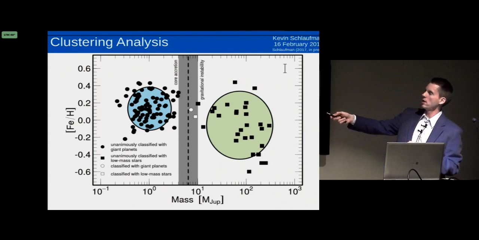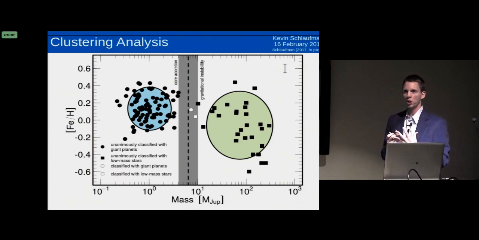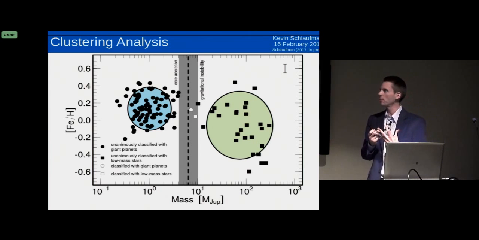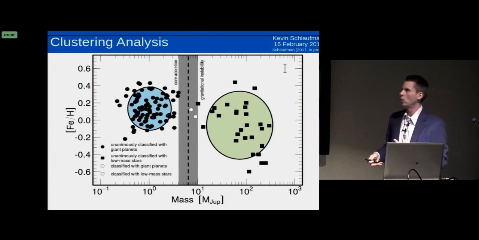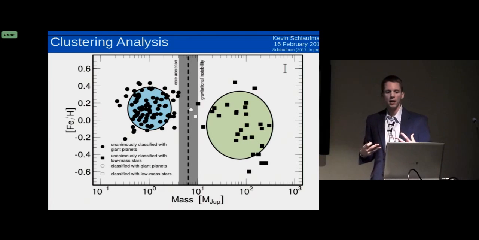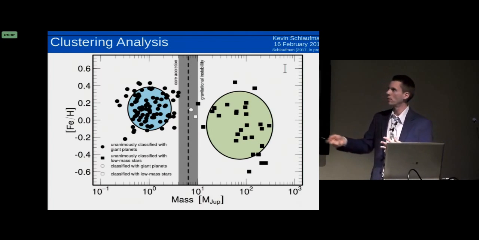For all three classification algorithms, everything on this side of this gray bar is classified together. It's the low-mass things which preferentially orbit metal-enriched stars, so I call that the planet class. And everything to the right of this gray bar is classified with the higher mass objects which don't care about the metallicity of their host star.